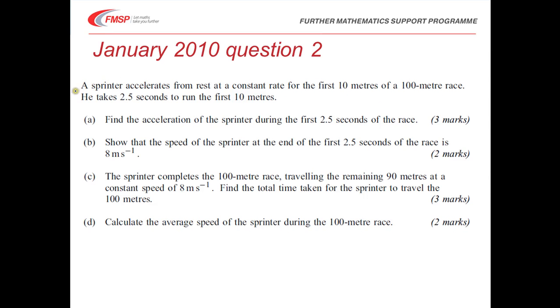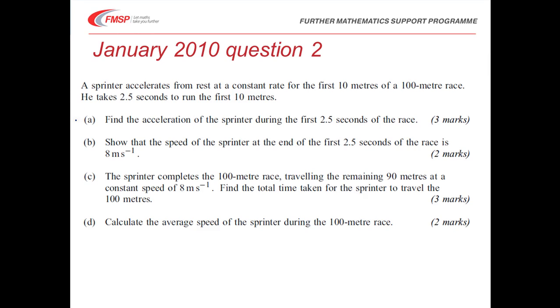So, looking at the question first of all, a sprinter accelerates from rest at a constant rate for the first 10 metres of a 100-metre race. He takes 2.5 seconds for those 10 metres.